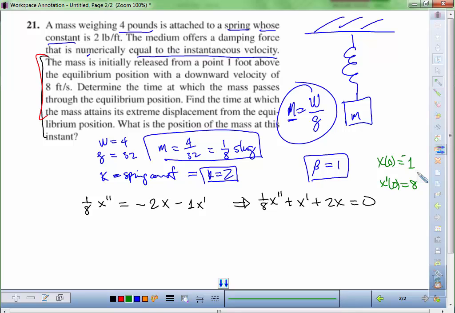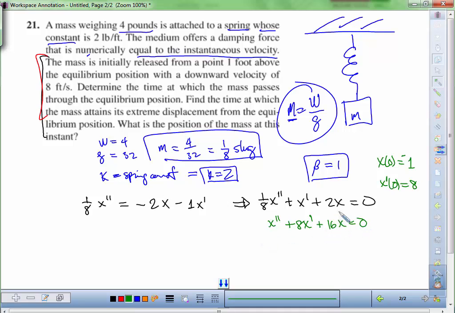I guess we can try to get rid of the 1/8 if you want, or you can just jump into the quadratic formula. Let's get rid of the 1/8 just to make it a little bit easier, and see what we come up with. So we got the second derivative plus 8 times x prime plus 16x is equal to 0.